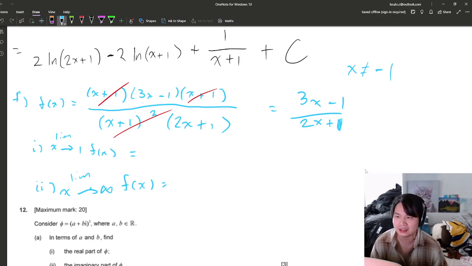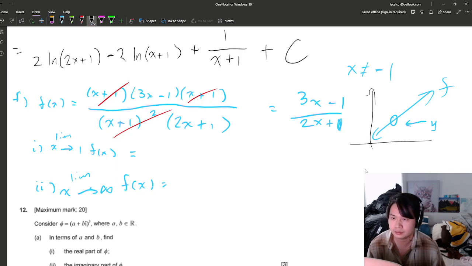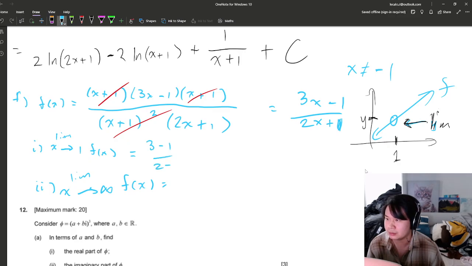I know this isn't what the graph looks like, but if this is your graph f, you have a removable here, but the limit is essentially what the y value should have been. Let's just say that this is the limit. Okay, so then we just plug in 1 into the simplified function. So 3 minus 1 over 2 plus 1. This is 2 over 3.